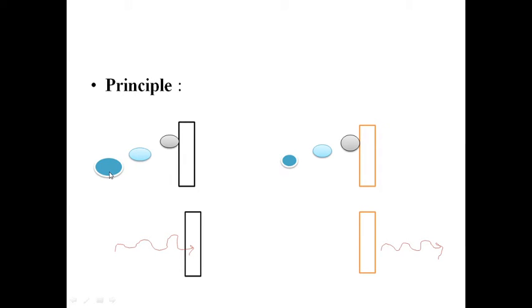See here, this electron goes toward the energy barrier and is reflected, not passing through that barrier. And if the particle behaves like a wave, that wave can pass through the energy barrier from one side to the other side. This is known as the quantum tunneling effect.